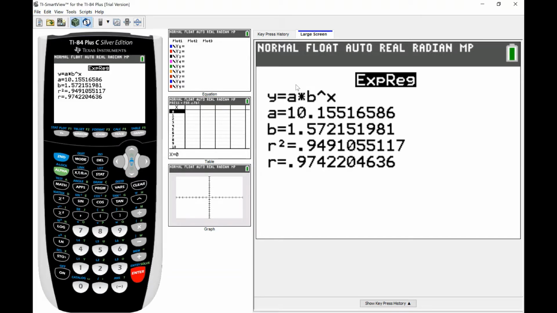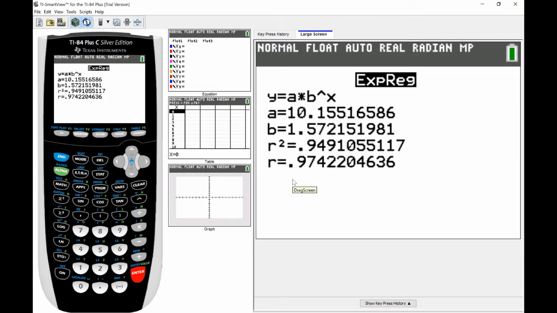And as you can see, here we have our A value. Remember the equation, our exponential equation, A times B to the power of X. Our equation, if we round to 2 places after the decimal, the nearest hundredth, is 10.16 times 1.57 raised to the power of X. That's what you'll write in A. B, the value of r squared, is 0.95.